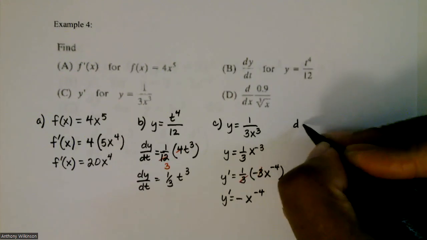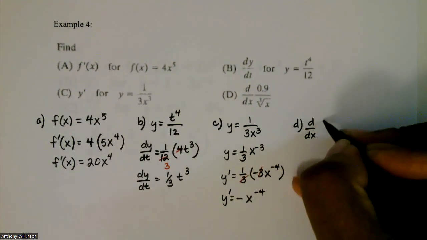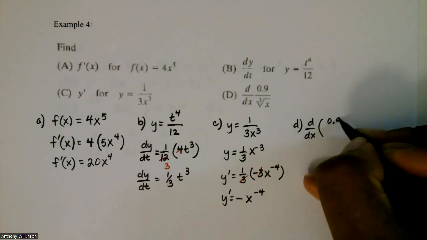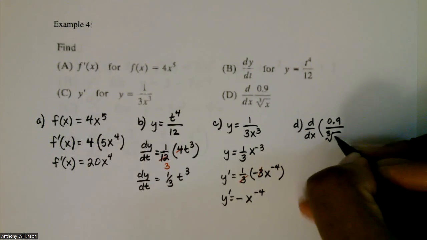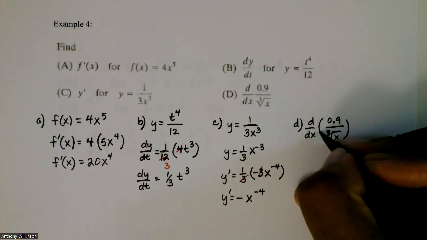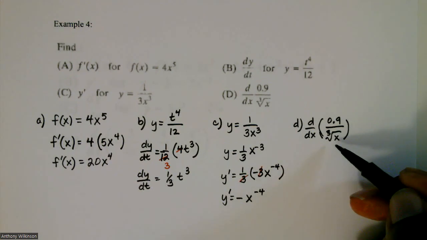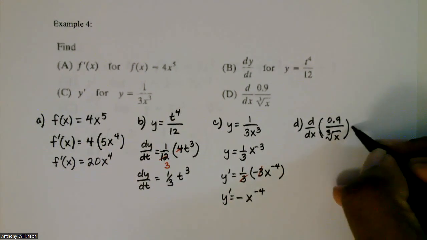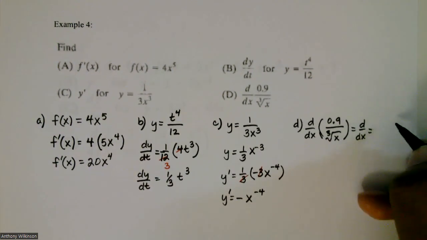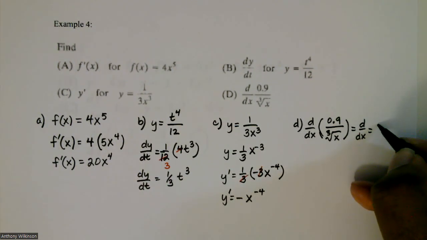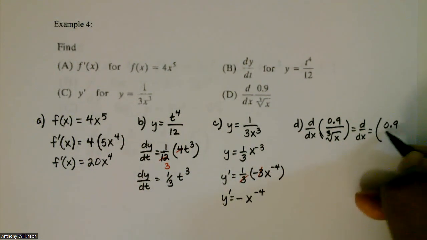And part D, the derivative with respect to x of 0.9 divided by the cube root of x. First of all, let's change this to an exponent. So in this case, the derivative with respect to x of, let's see, 0.9 will be in the numerator.